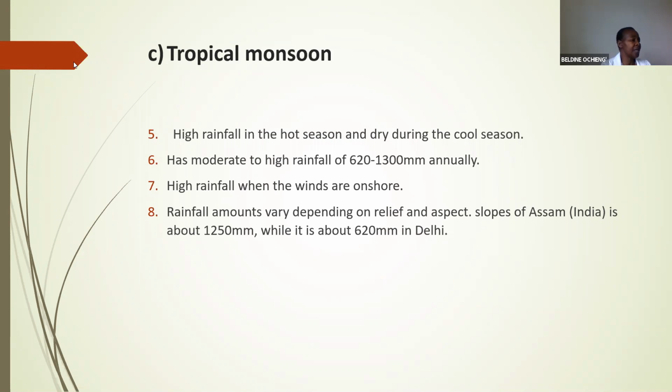We have been given an example again of Delhi, where it is about 620 millimeters. Yes, Delhi is on the leeward side. Therefore, it is slightly lower than what we have on the windward side of Assam.